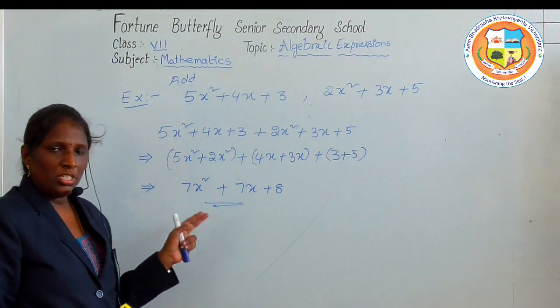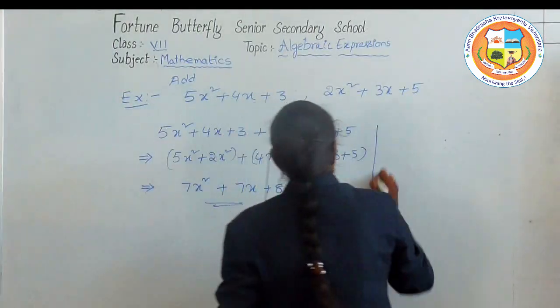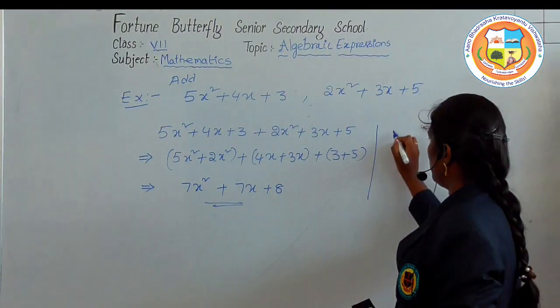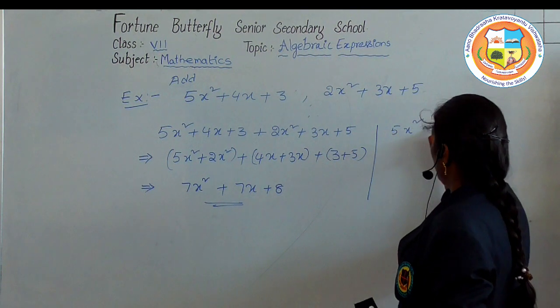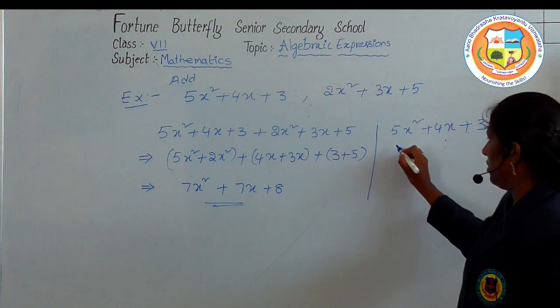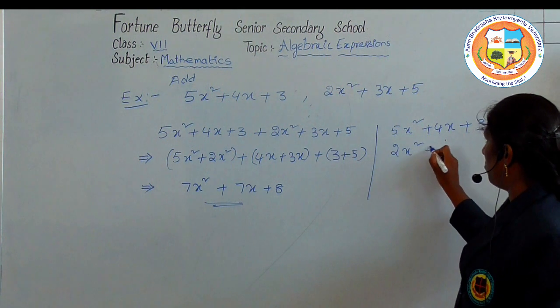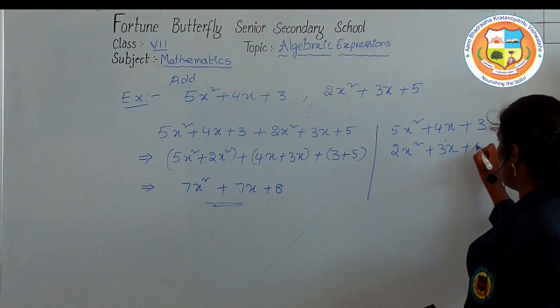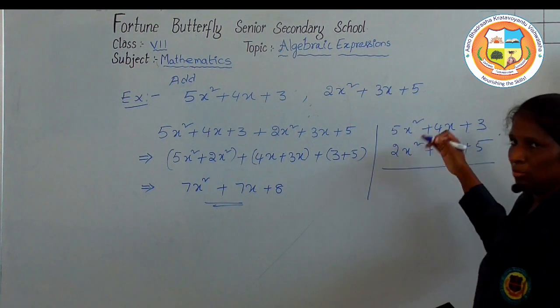The same we can do with the vertical method also. The first expression is 5x^2 + 4x + 3. Write down the next expression, 2x^2 + 3x + 5, below it. Now this is the vertical method.